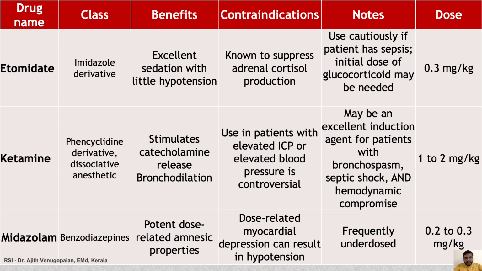This increase in ICP has been controversial, and many earlier studies contraindicated ketamine in patients with raised or possibly raised ICP, but nowadays studies are saying that ketamine can be used in such conditions also. Another big advantage is in bronchospasm. It acts as a bronchodilator, so it has a good role in lung-related intubation cases, and the dose is 1 to 2 mg per kg.